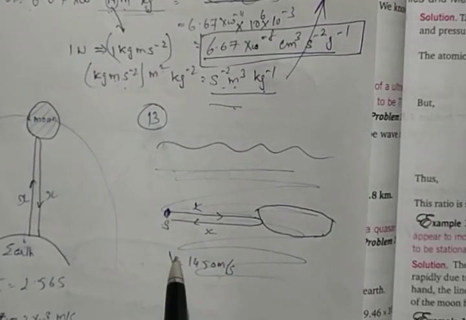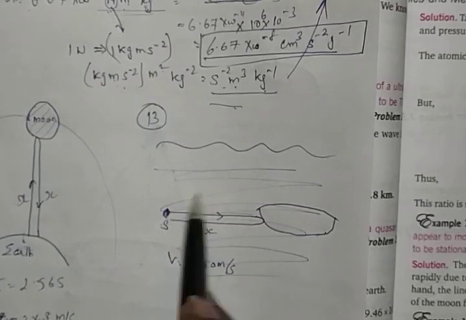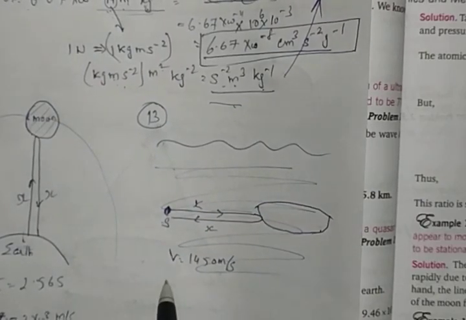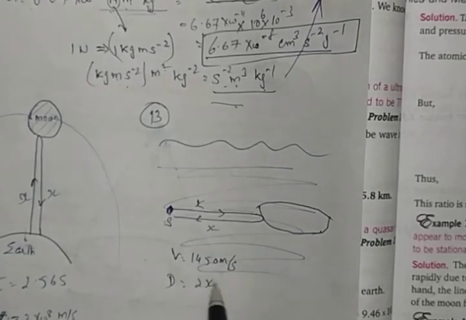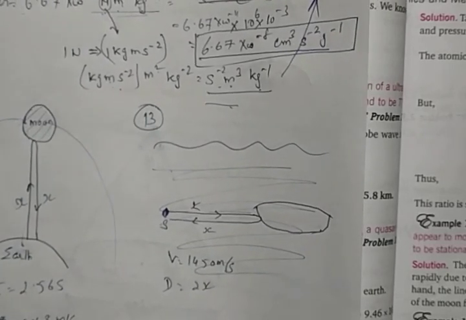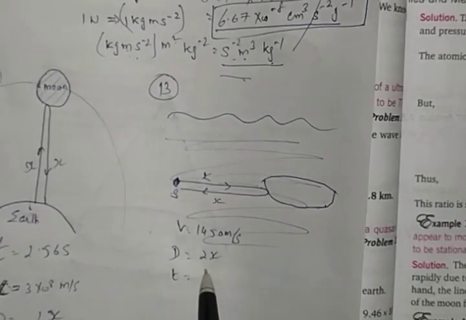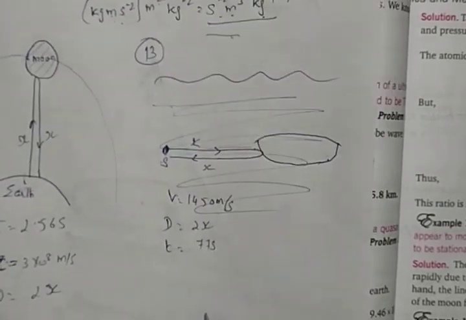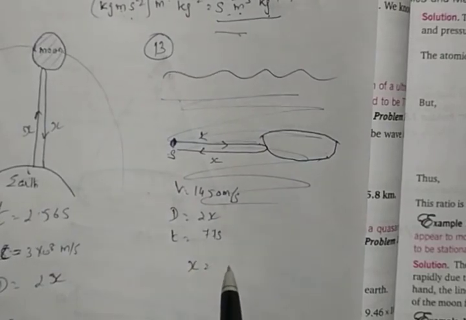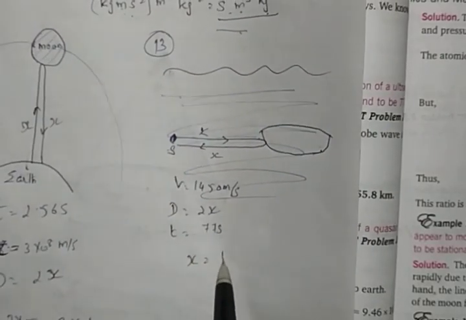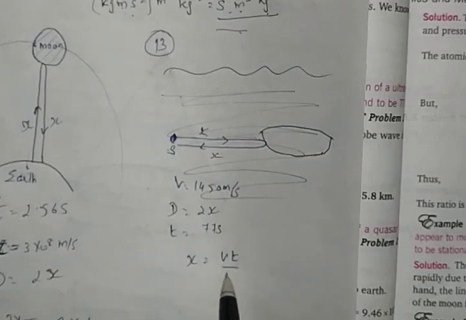You can easily calculate. The total distance is going to be equal to 2x. This is the velocity, and we know the time taken, which is given here as 77 seconds. So with the same formula, x is going to be equal to velocity into time divided by 2.